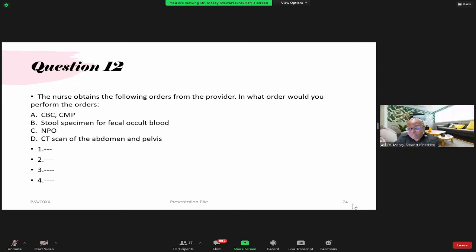By the time you finish that, hopefully they can go down for the CAT scan. The stool would be last because the CBC will let us know if they're losing blood. Remember I talked about the hemoglobin and hematocrit being low? So it's important that you do that one next. The stool specimen is just to confirm microscopic blood in their stool, but the CBC would be a definitive indicator that they're bleeding somewhere. Does that make sense, Gail? Yeah, that helps. Thank you.